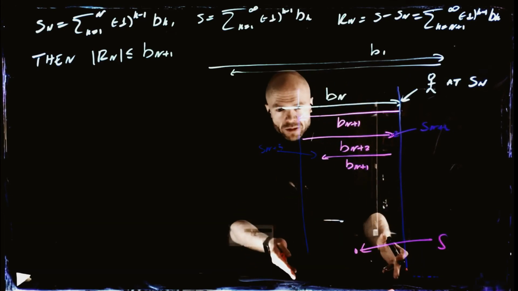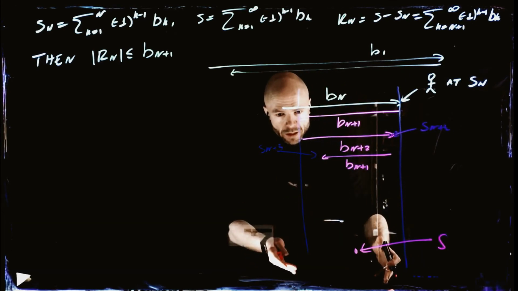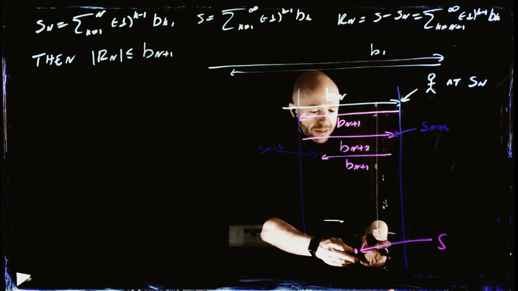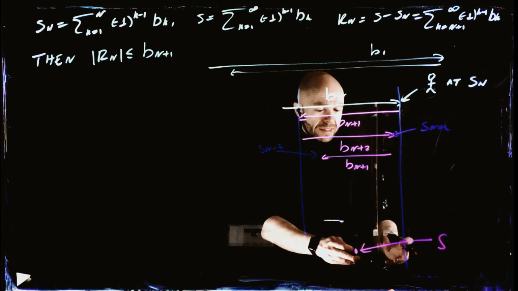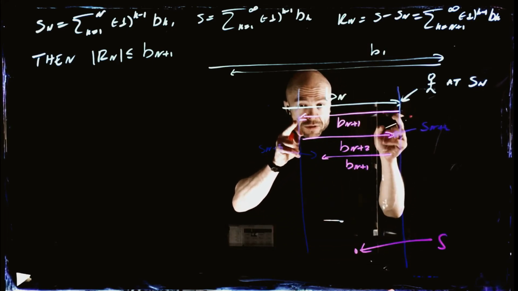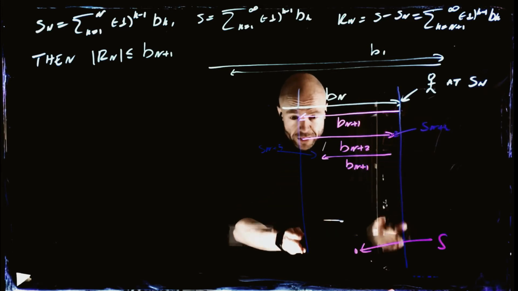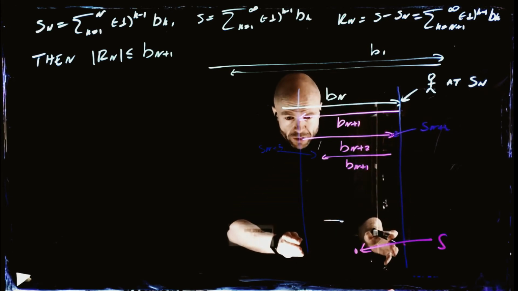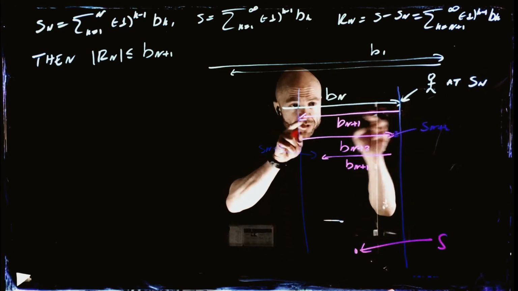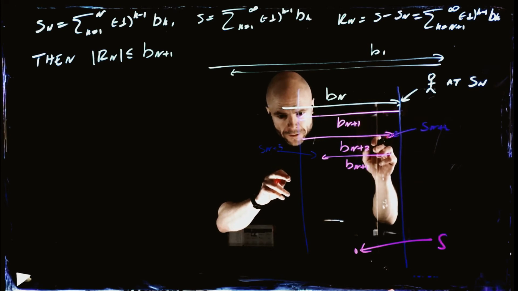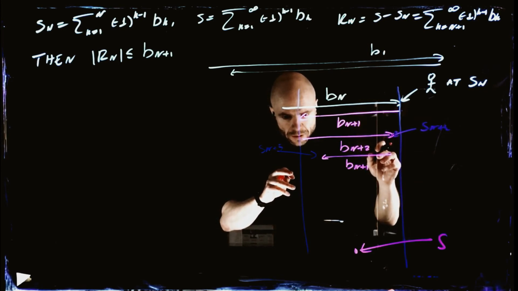S is between these two blue lines. But that means that S, this distance away from Sn, is less than the width of this strip I've drawn here, which is Bn plus 1. You see what I mean?